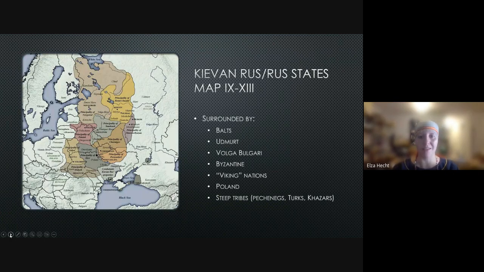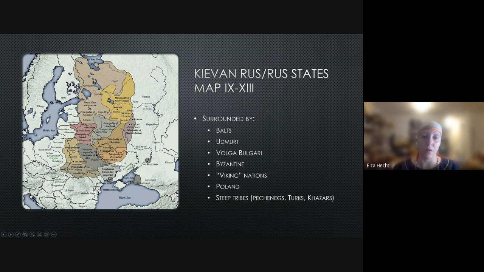And this is how the map actually looks between the 9th and 13th century. You can see it's a weird formation, which also includes not only Slavs. For example, Karelians and Chud are Baltic nations. They are not Slavic ethnicities.